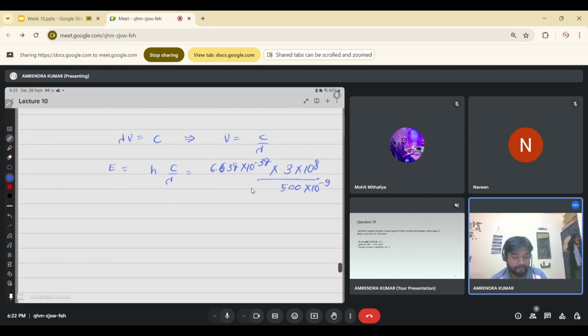Now it has to be in SI units. So if you calculate, it will be 6.634 times 10 to the power minus 34 plus 8, into 3, upon 500 times 10 to the power minus 9.